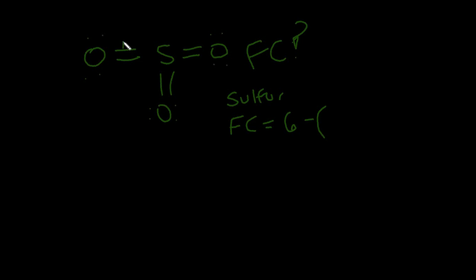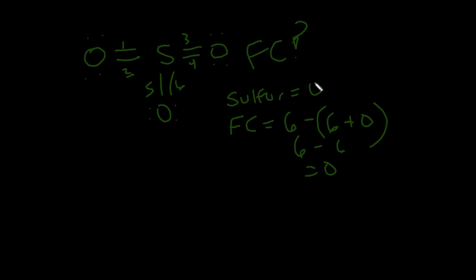We have 2, 3, 4, 5, and 6. So 6 minus 6. How many dots are on that sulfur? There is 0. So you have 6 minus 6 equals 0. So the formal charge for sulfur is 0.